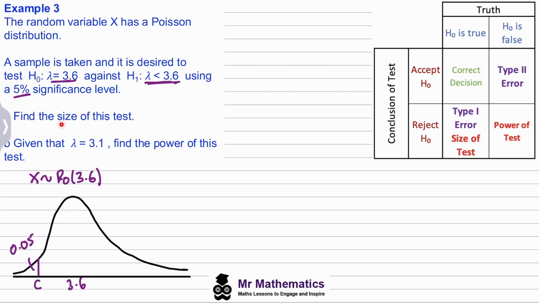So again, to find the size of the test, we need to be able to reject H0. So we need to find this critical region. So we're looking at the probability of X being less than or equal to c to be less than our significance level. And to work out this critical value, I'm going to use my calculator.